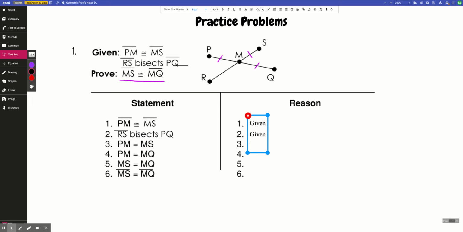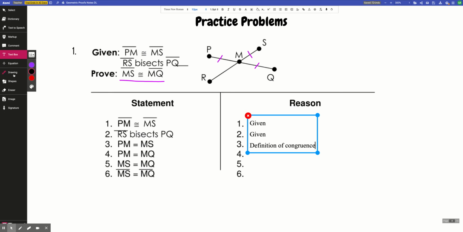Okay, then reason 3 says PM is equal to MS. So remember, whenever you are going from equal to congruent or back the other way, that is the definition of congruence.